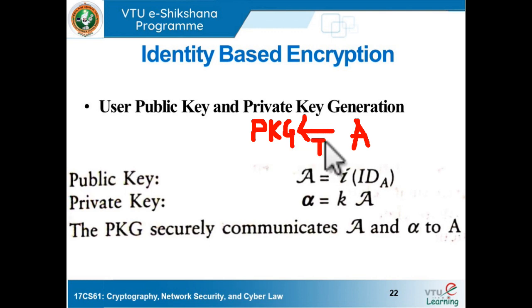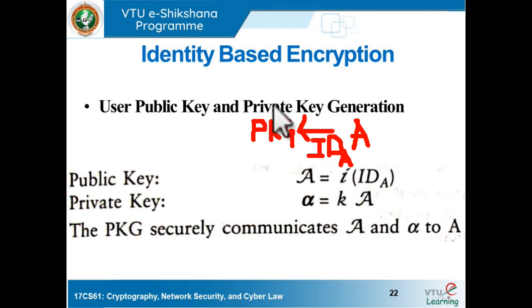Let's call this email ID as ID of A. Till here I hope this is clear. This is the second step. Alice is requesting the private key generator for generation of the private key of Alice by sending its own email ID, which is represented using ID A.